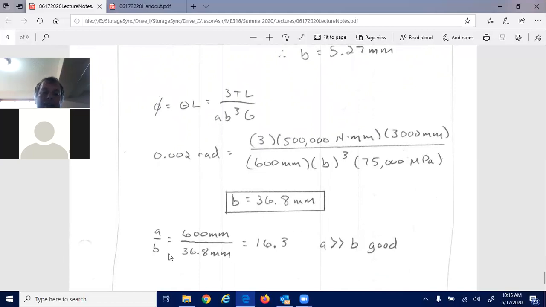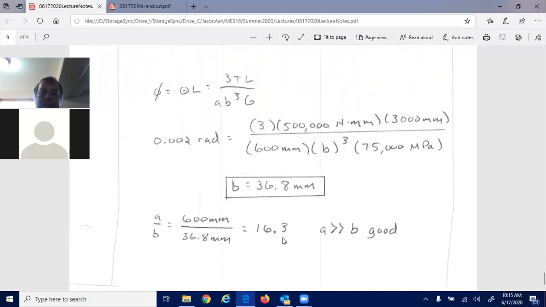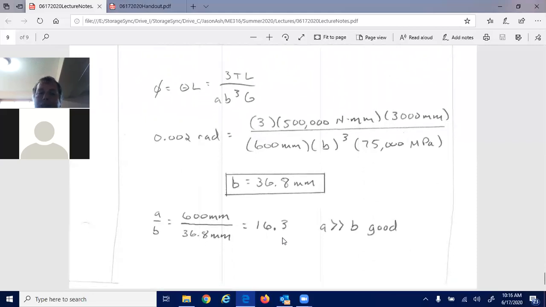And if we look at the corresponding ratio of A over B, that's 16.3, which is just slightly greater than 10. And so the membrane analogy is still good, but it's getting close to that limit where it's becoming a really thick cross-section to be able to use that.